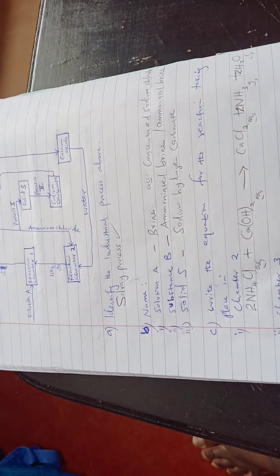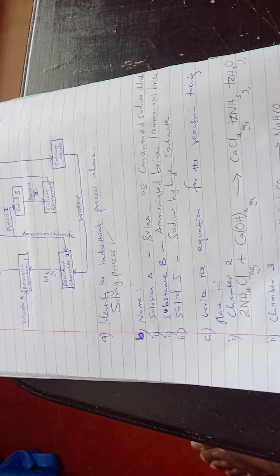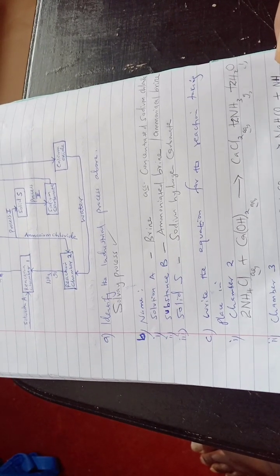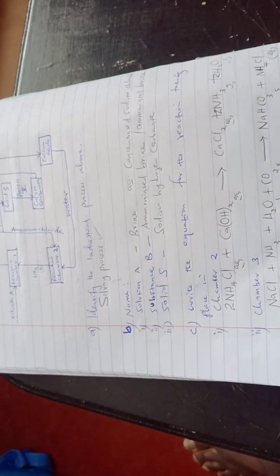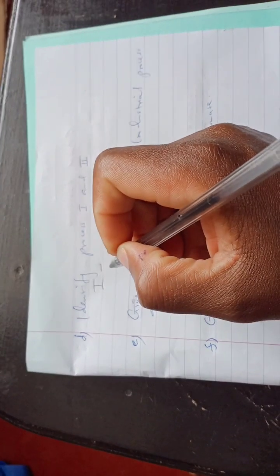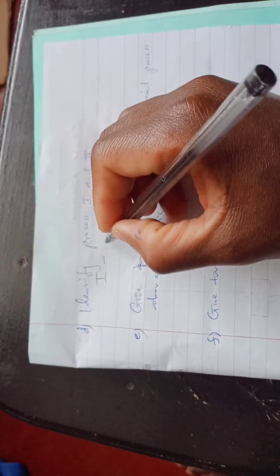The first one is sodium hydrogen carbonate, which is a solid, and then the other one is a solution, which is ammonium chloride aqueous, and the equation is balanced like that. Then part D says identify process 1, and we said process 1 from the flow chart was filtration.